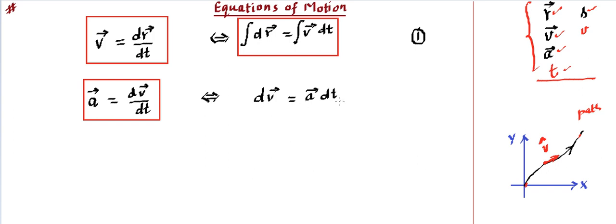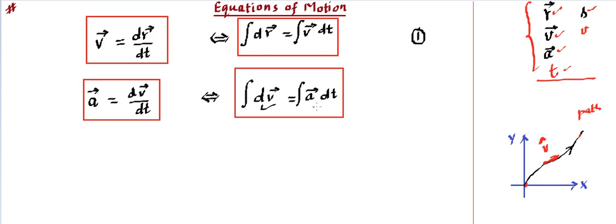Whenever we have this kind of equation, you can operate on both sides with integration. Once you integrate, it becomes an integral equation, and after performing the integration, we can find velocity out of acceleration. So we can call this equation number 2.